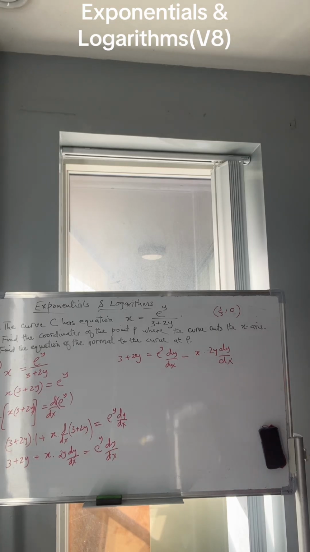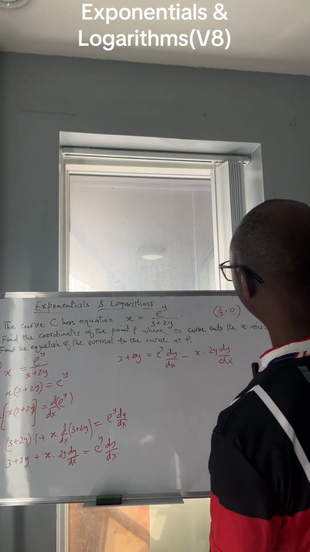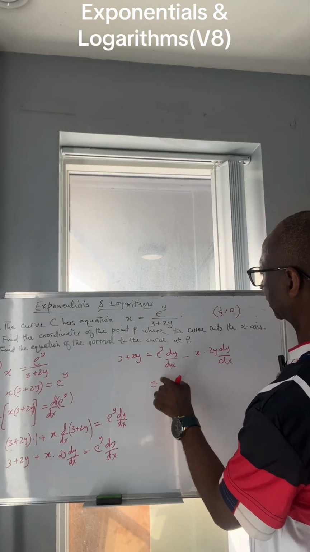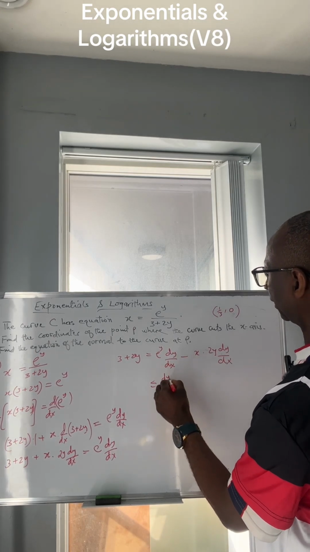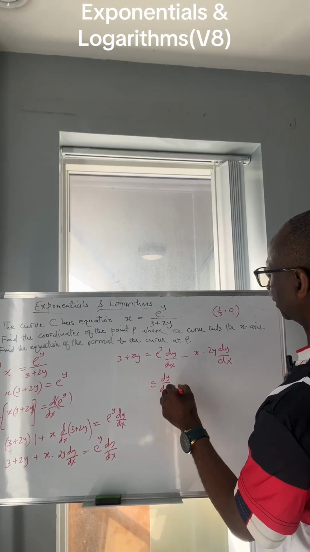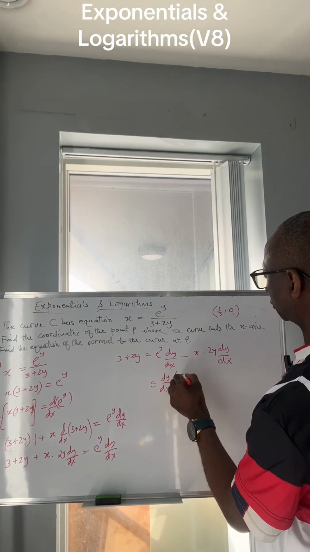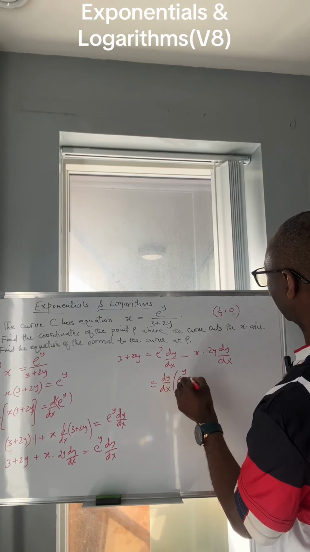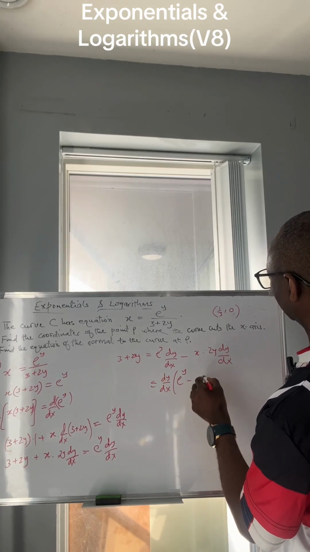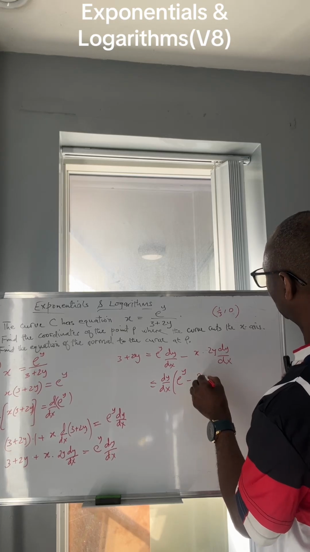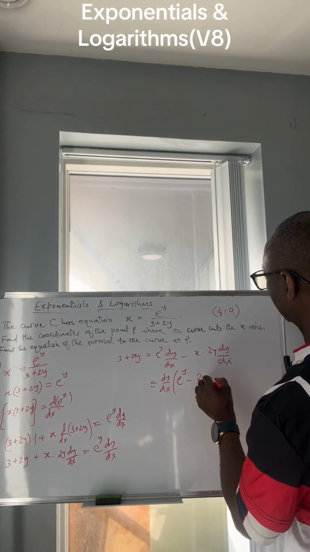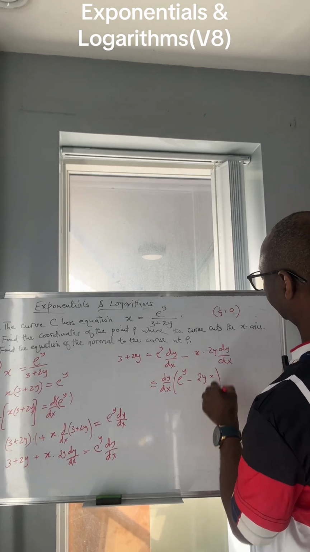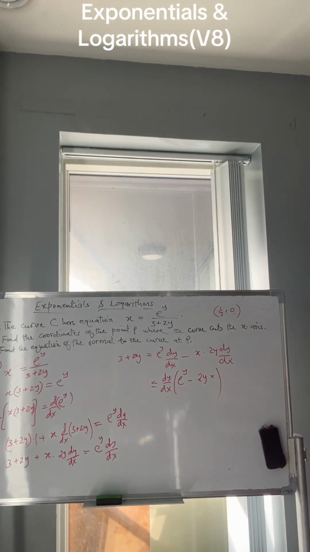Right? So here we can take dy dx out. So you will have dy dx times e raised to the y minus 2y x. That is what you get.